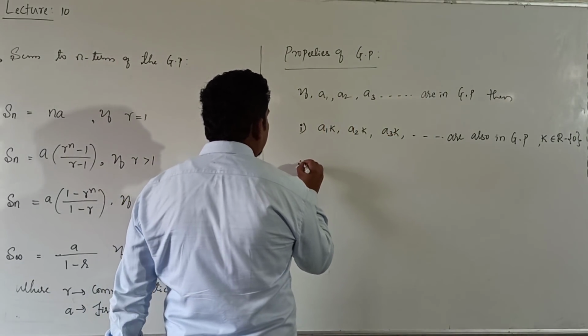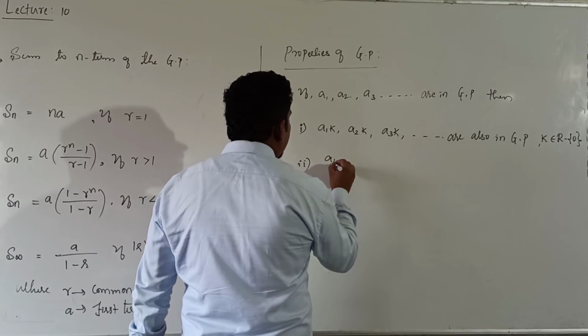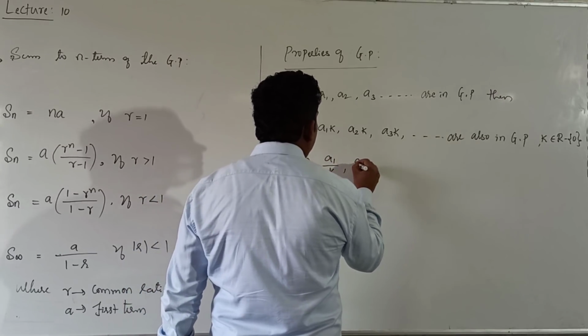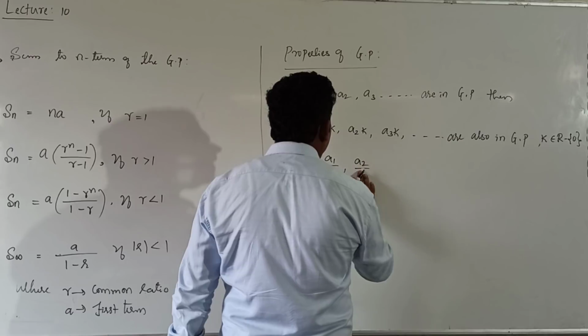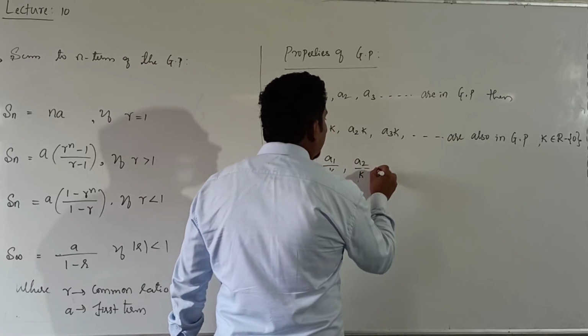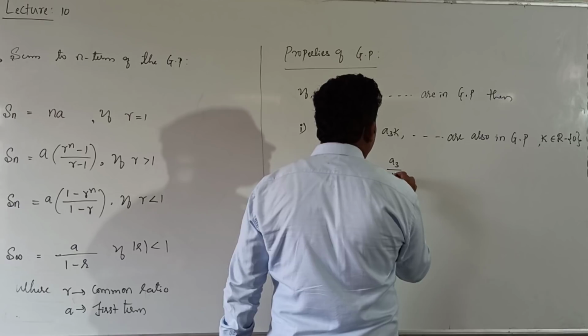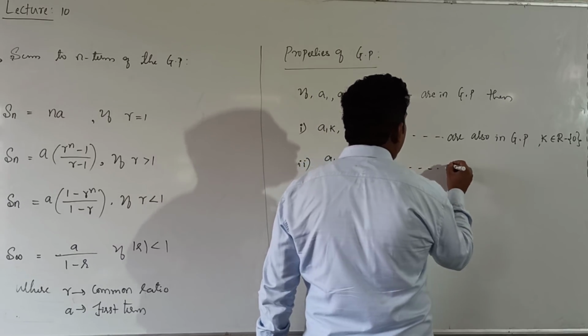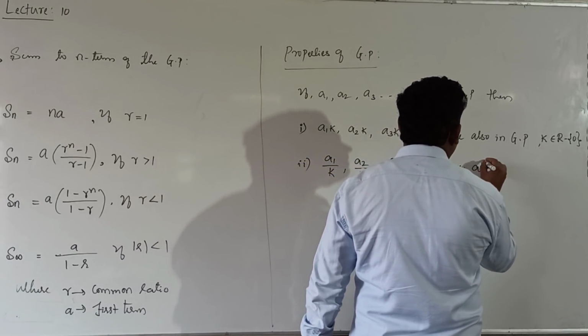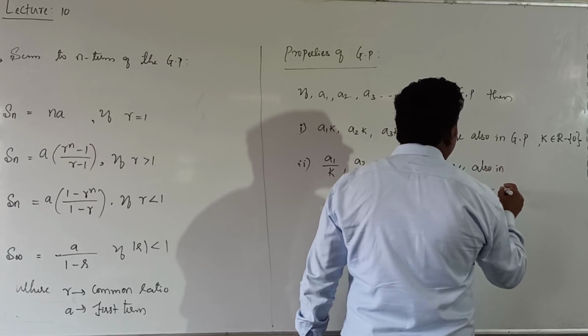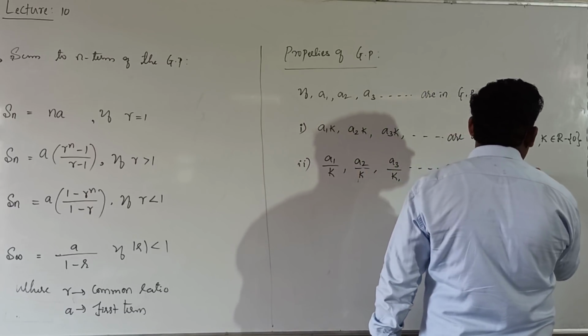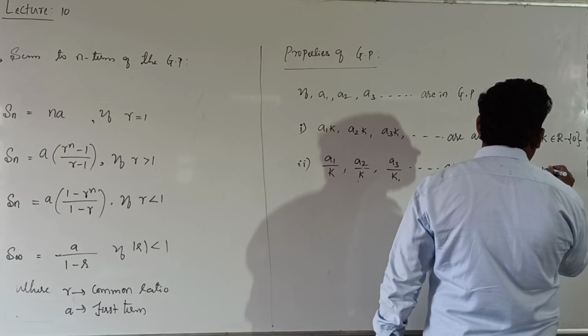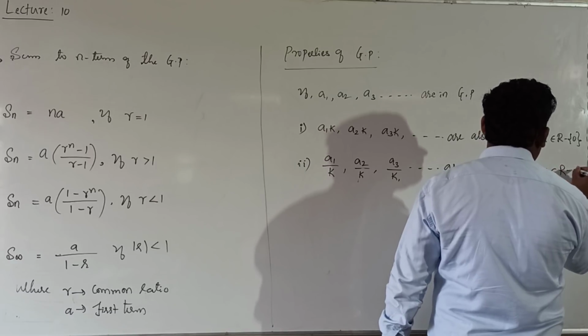Next, A1 divided by K, A2 divided by K, A3 divided by K, and so on are also in GP. Again, K should be any non-zero real number.